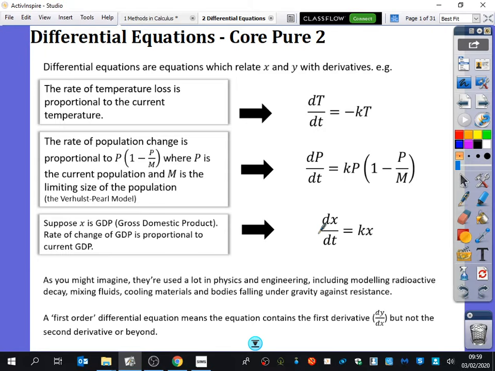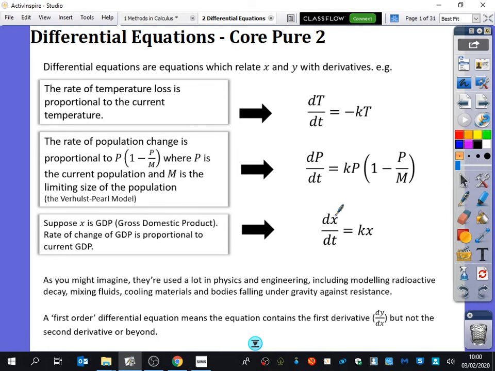The rate of change of GDP is proportional to the current GDP, which implies that if a country has got a high GDP, what would you predict about that country? The growth rate of GDP will also be high. In other words, rich countries, we expect to get richer. Poor countries will be getting richer, but at a slower rate, okay?